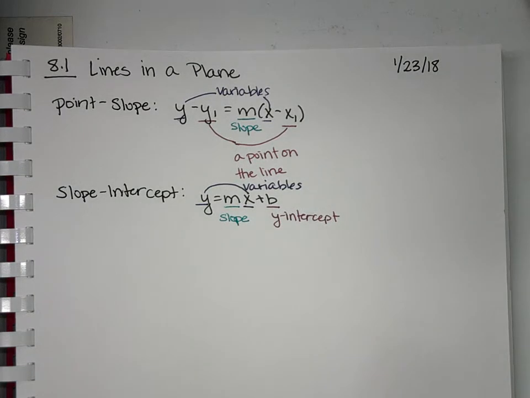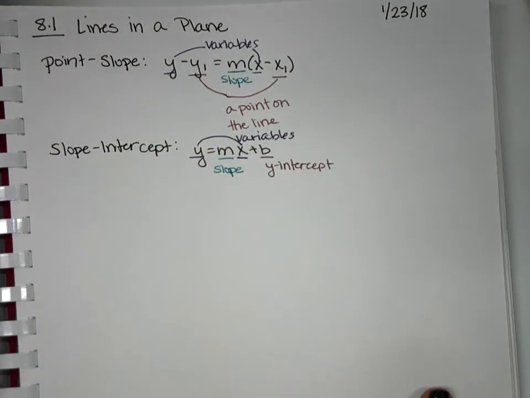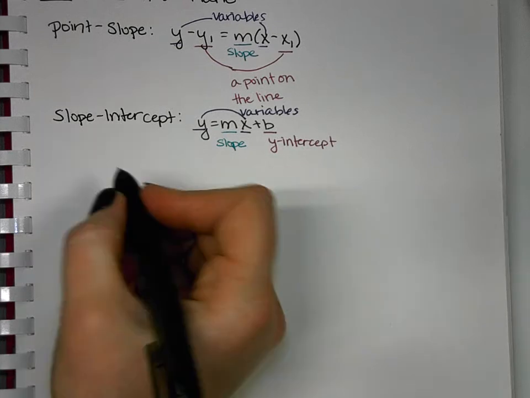So I'm going to do two examples here where we're going to practice writing an equation of a line with some given information in these two forms. Let's try our first one.